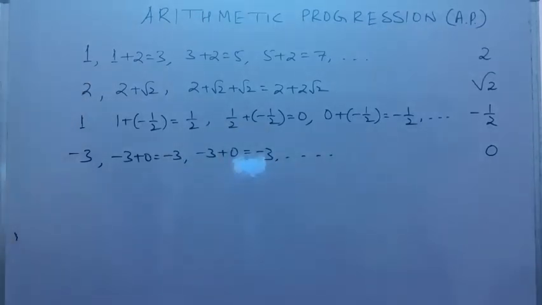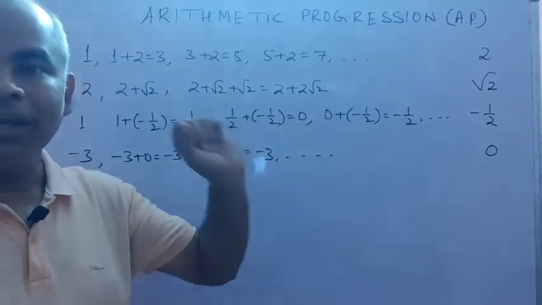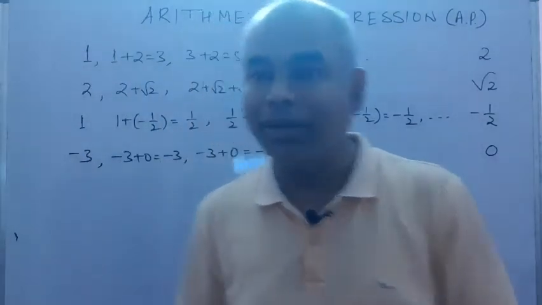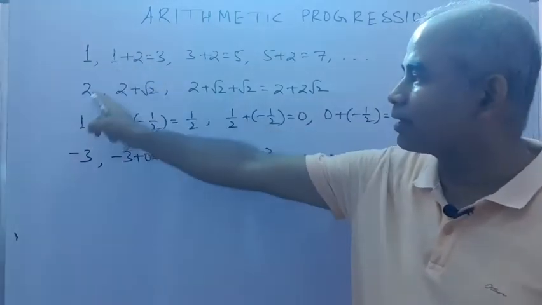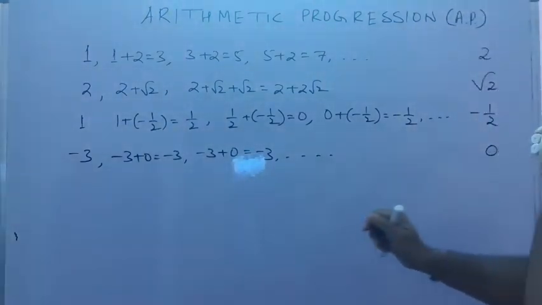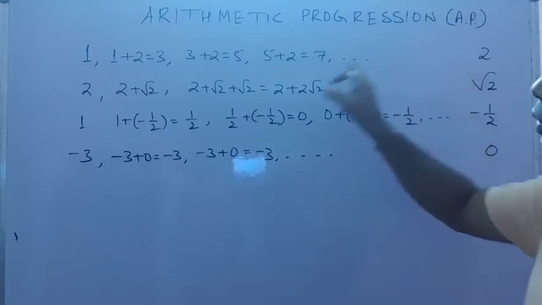So students, you observe, here I have written some numbers. I write a group of numbers, you can say. How do I write it? First of all, I start with a given number, any real number. I can start with 1, I can start with 2, I can start with minus 3. And what I do, I add a particular constant to get my next number.